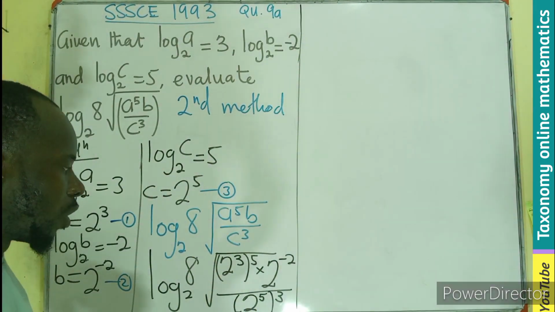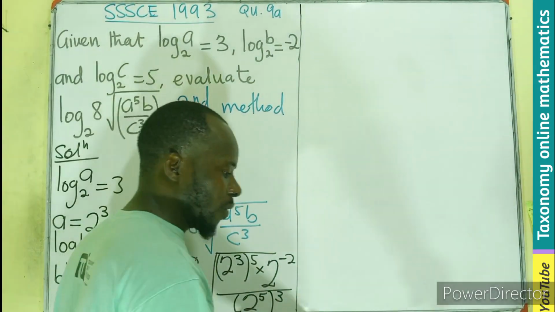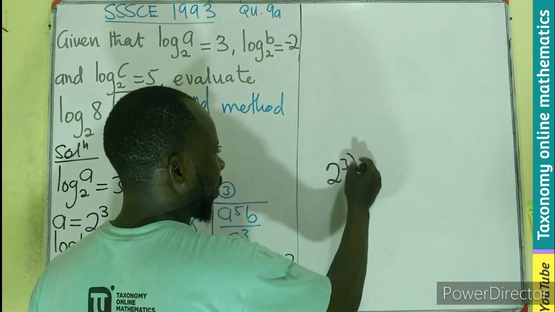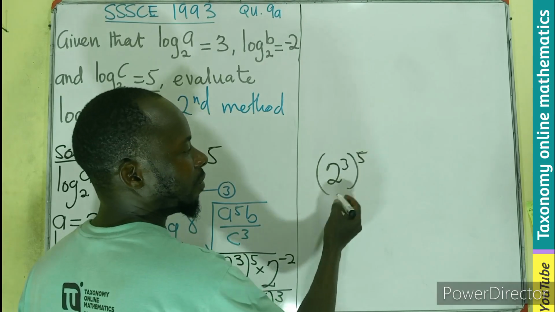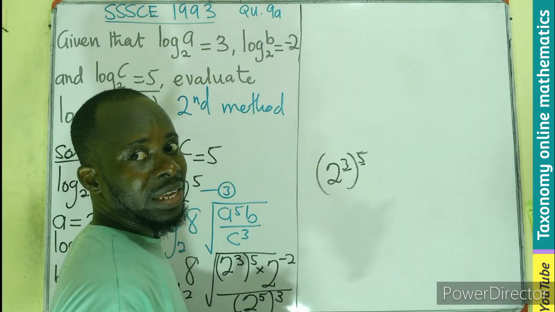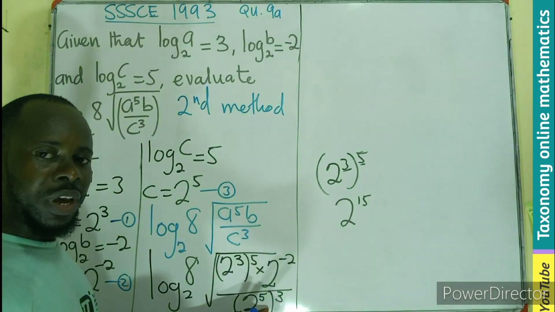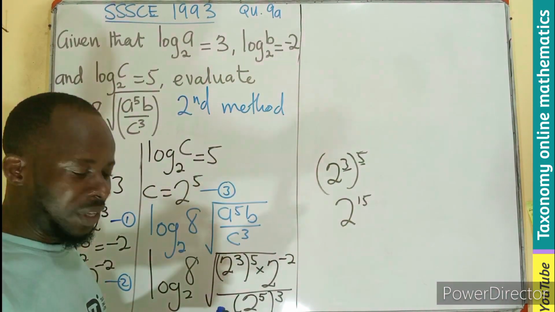So we can multiply. From the laws of indices, if I have 2 exponent 3 raised to the power 5, the exponents multiply to give us 2 exponent 15, which is 3 times 5, 15.